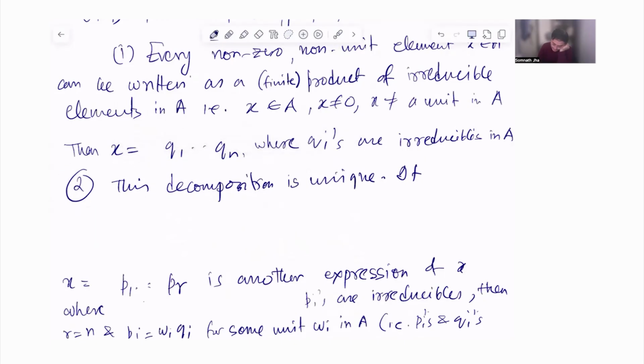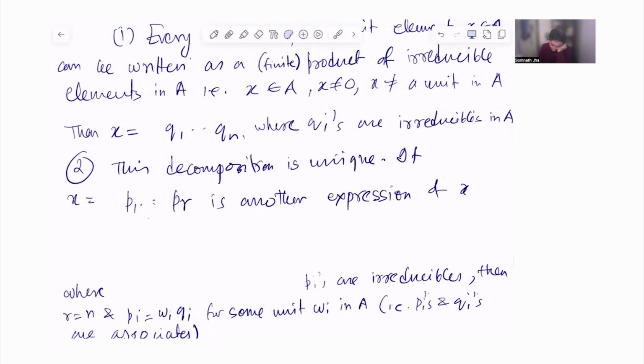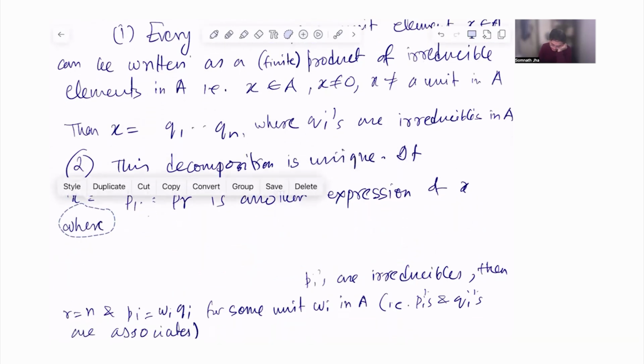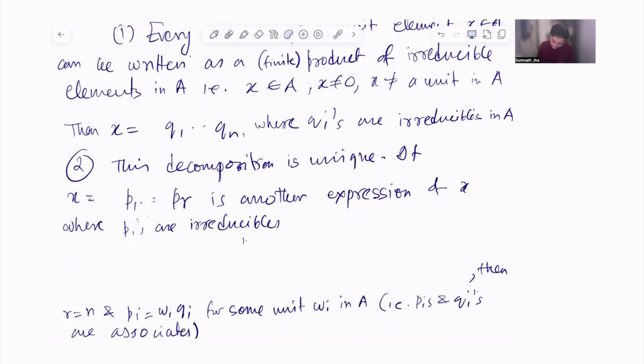And what does it mean? If you have another decomposition x equal to p1 p2 up to pr, another expression of x, where the pi's are irreducibles in A, then first of all r equals n.